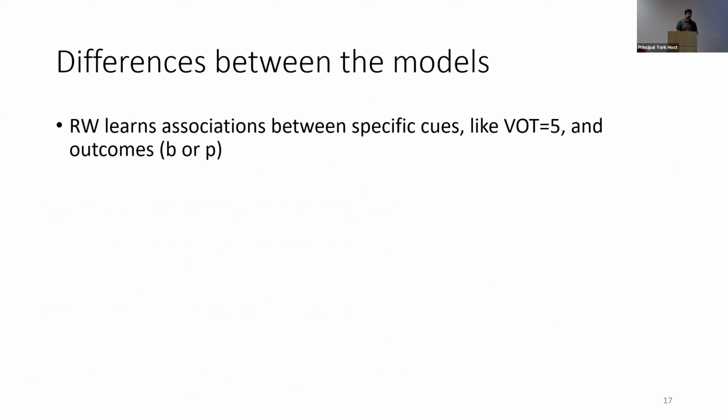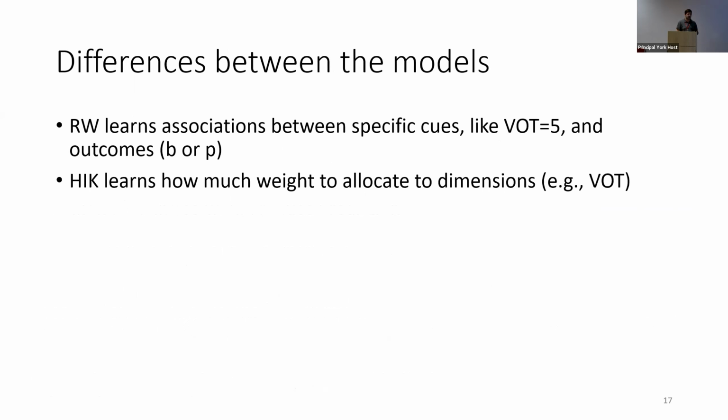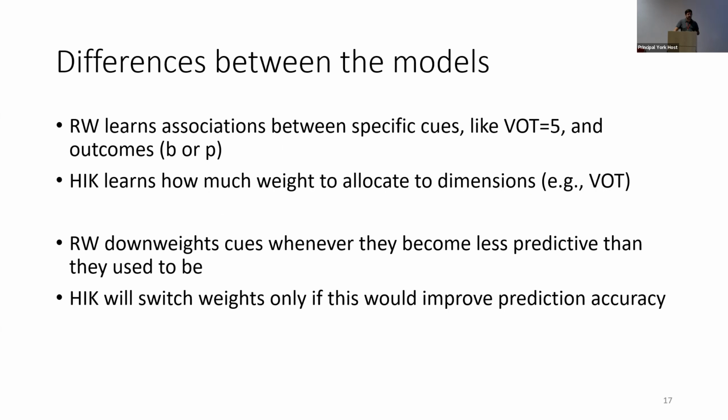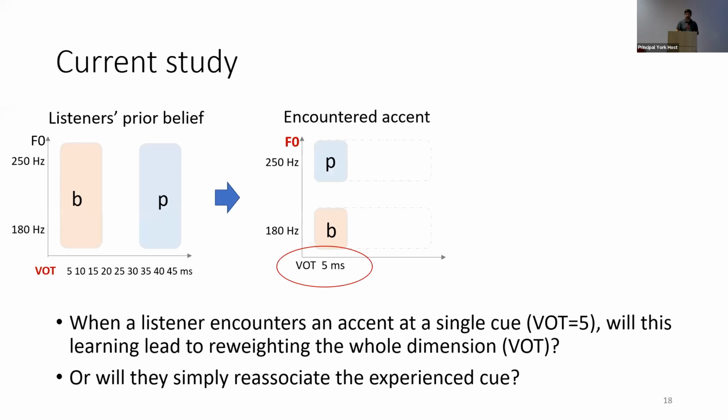Rescorla-Wagner learns associations between specific cues, like VOT equals 5 milliseconds, and outcomes like BA and PA, whereas HICK learns how much weight to allocate to dimensions, like VOT, not individual values. And Rescorla-Wagner downweights cues whenever they become less predictive than they used to be, whereas HICK will switch to a new combination of weights only if that combination is better than the other combination of weights. That is why it doesn't learn in the constant F0 condition. It doesn't change its behavior.